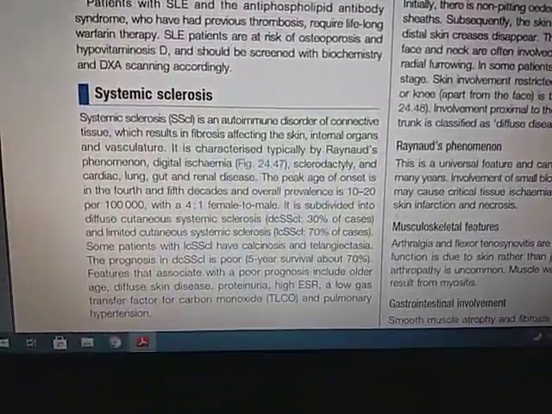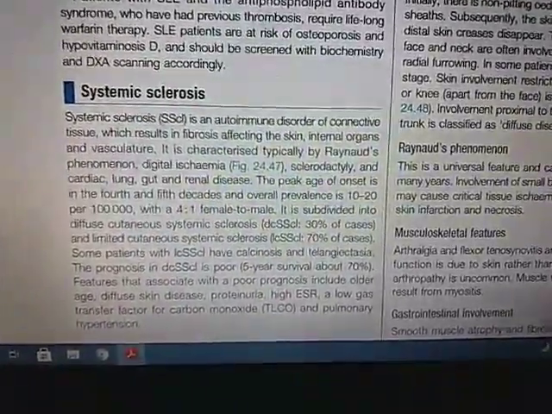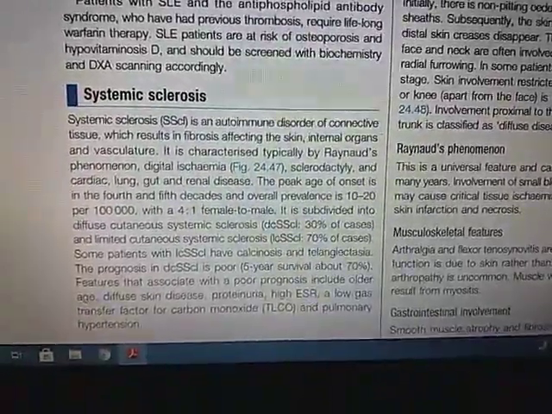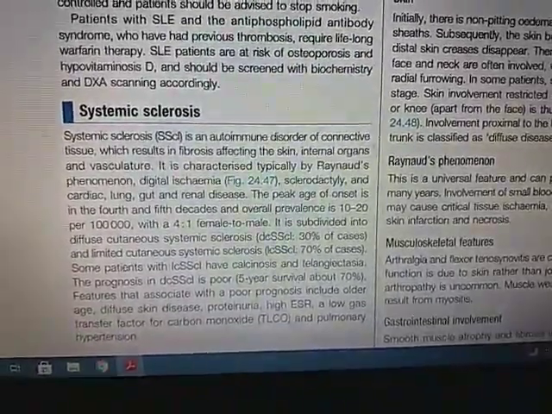Pulmonary features in systemic sclerosis. It is the leading cause of death.